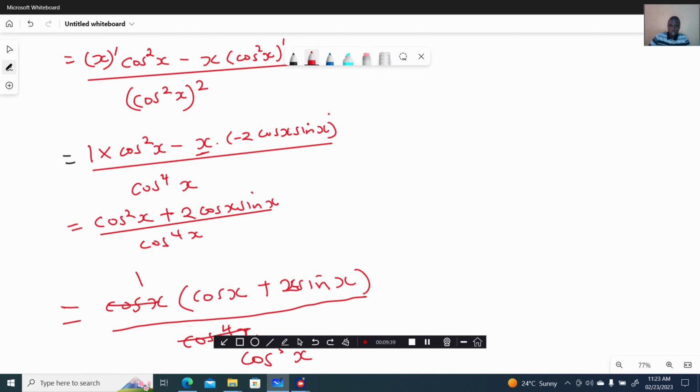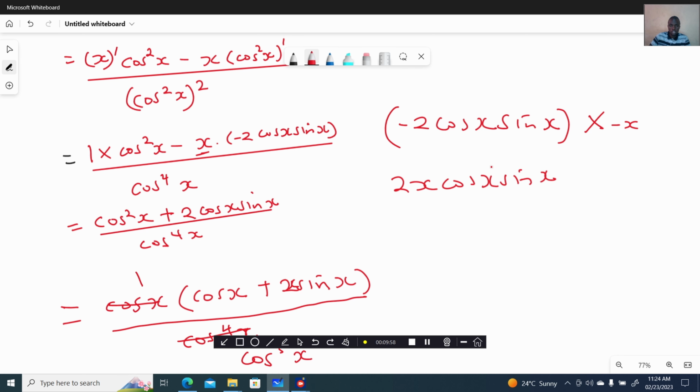Then if you solve for this one here, it's giving us negative 2 cos x sine x. So this is a solution of this part here. So the answer, you need to multiply it further by negative x. That's why you're going to have positive 2x cos x sine x. So we can correct any instance that we omitted the value of x.